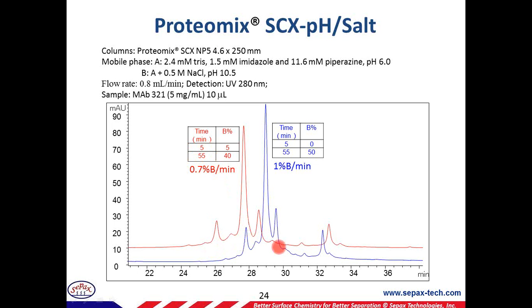We do get better resolution among these peaks. You can see more baseline separation with these peaks. Also, it came out earlier because we increased the concentration of B to 5 instead of 0 here. So with higher ionic strength, we get the peaks eluted earlier than with this gradient.